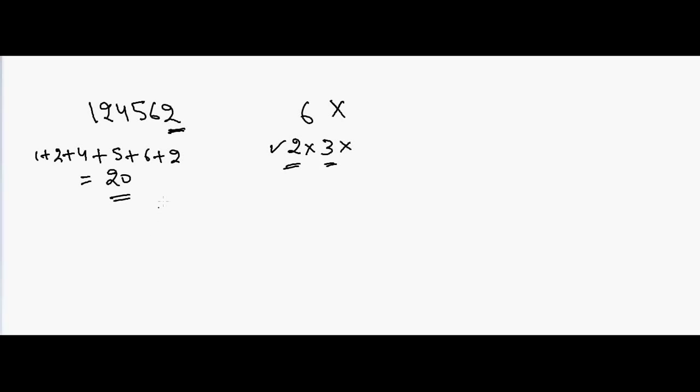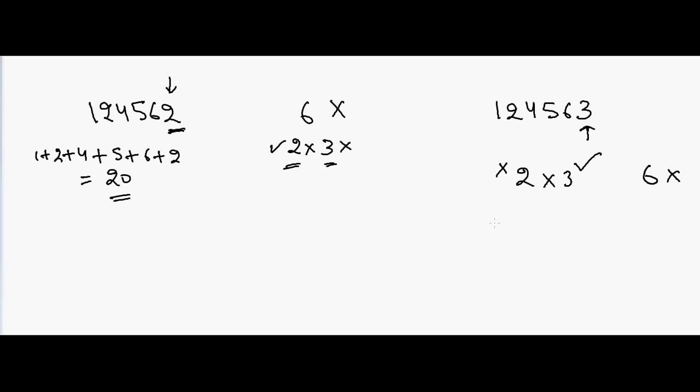But how can we modify this? We can modify this by adding one more number. So if I change the last digit, then it will become 1 2 4 5 6 3. But now this number is divisible by 3 but not by 2. So still, if we talk about 6, it will not be divisible by 6.